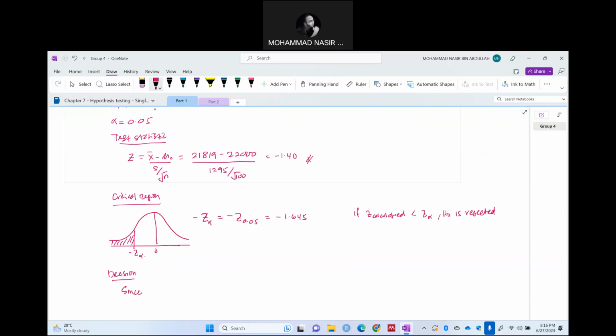Since Z calculated, equal to negative 1.40, is more than negative Z alpha, which is negative 1.645, the null hypothesis is accepted.